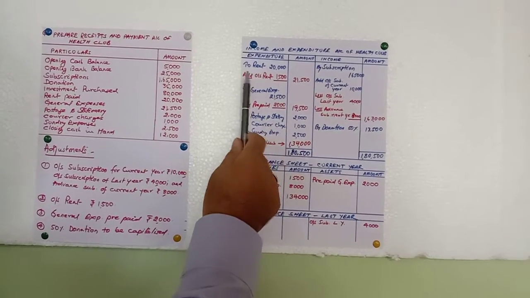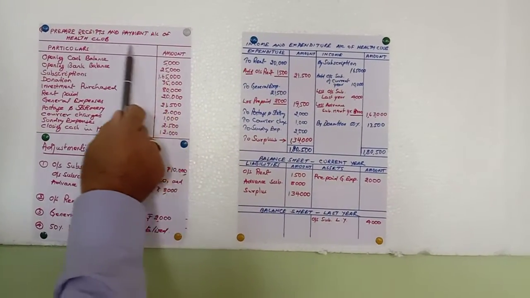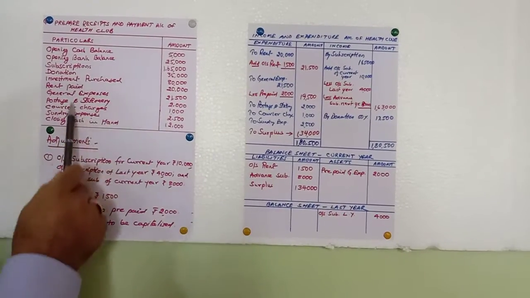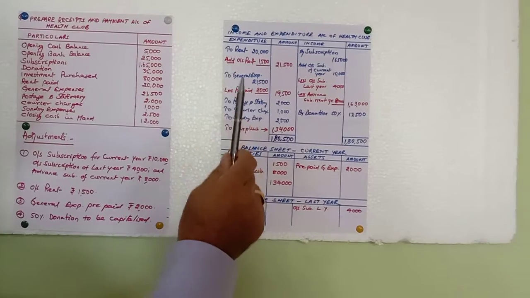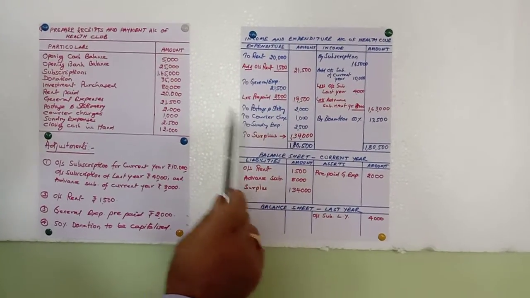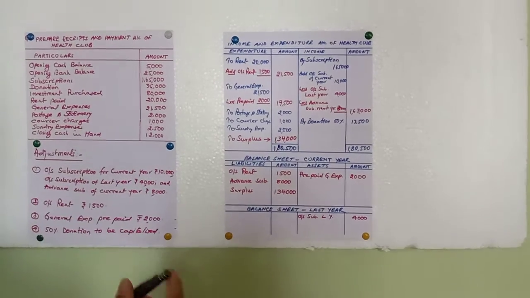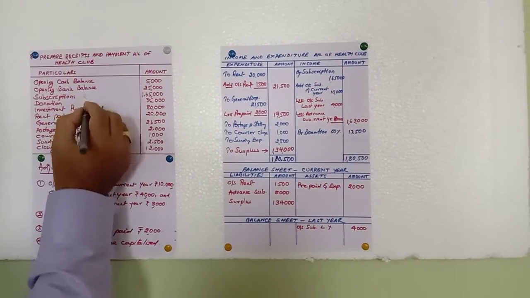So here first thing is we have to check how many revenue items are there, because income and expenditure records only revenue items, no capital items are taken. So here I have to mark what is revenue. So I will mark here this is revenue.